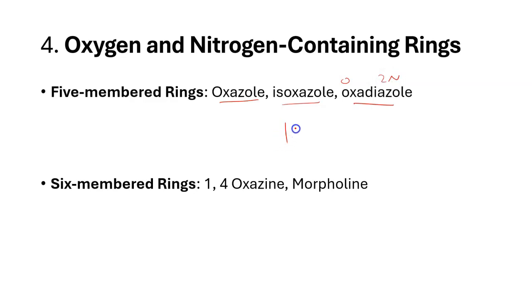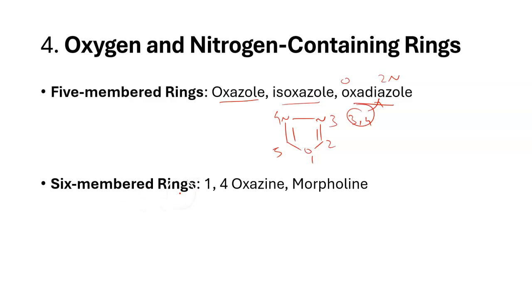So the structure will be like this. Numbering will start from this, and so it will be 1,3,4-oxadiazole. Nitrogen can be at this place also, so it will be 1,3,4-oxadiazole.